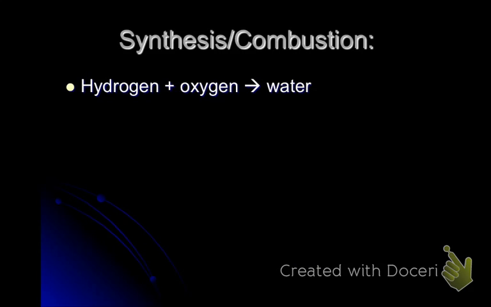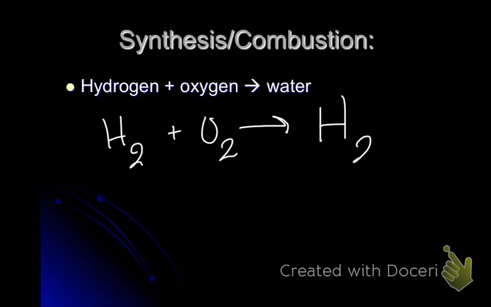So we have a synthesis-combustion reaction both at the same time in which hydrogen gas and oxygen gas are going to create water. So I will just write the formula equation here. We have H2 plus O2, and states are really not important for this, and then H2O. We can identify this as a redox reaction by looking at the oxidation numbers for every species and seeing which ones change.